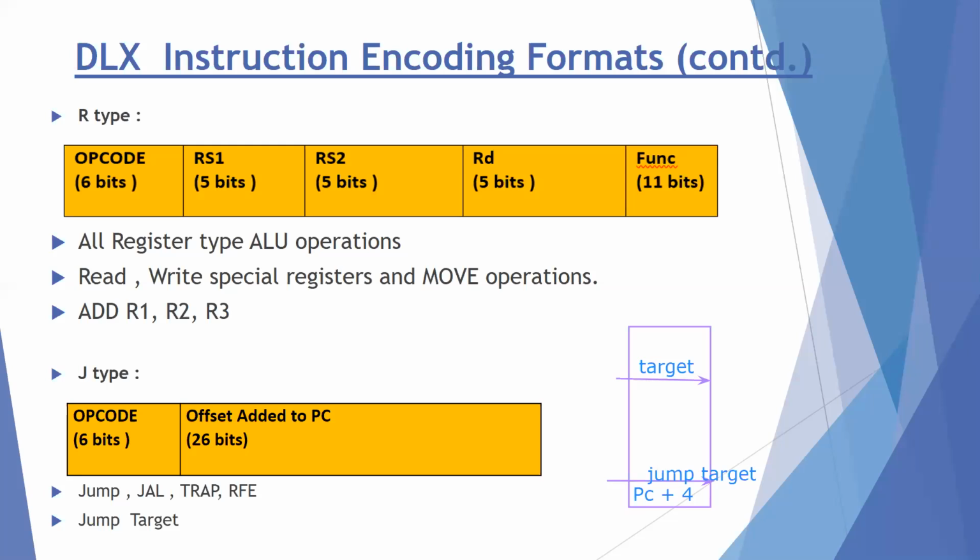Just for your information right now, while encoding the instructions we have 3 formats: I type, used with all immediate operations and load store operations; R type, used with all register type operations; and J type, used with unconditional branches of the type jump, trap, jump and link and return from exception.